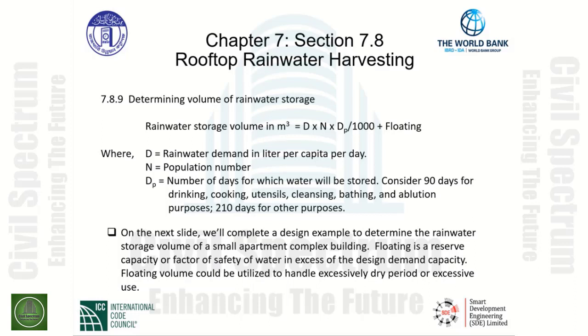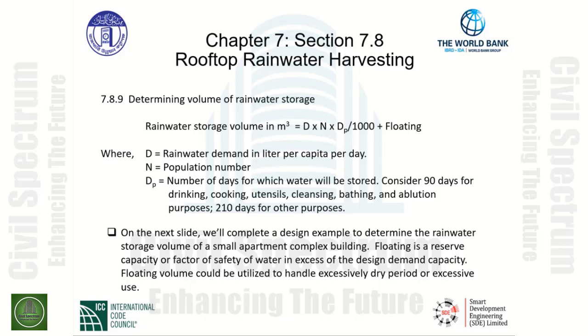Section 7.8.9, determining the volume of rainwater storage. We have an equation that's given to us. The solution gives us the rainwater storage volume in cubic meters. And the equation is D times N times D sub P, divided by the quantity 1,000, plus floating.